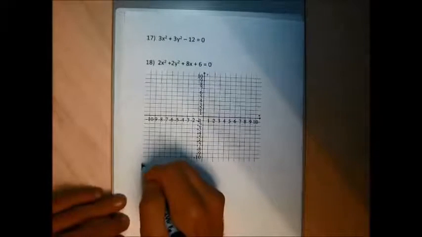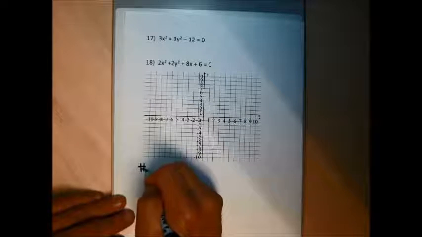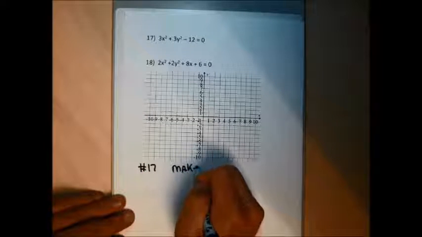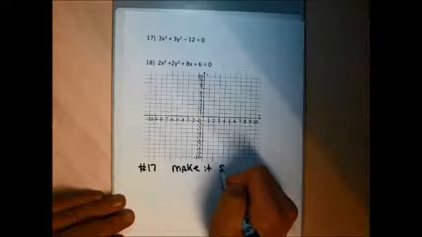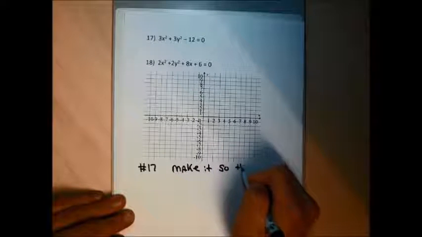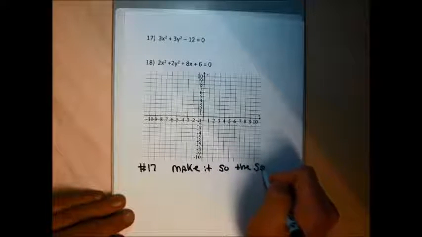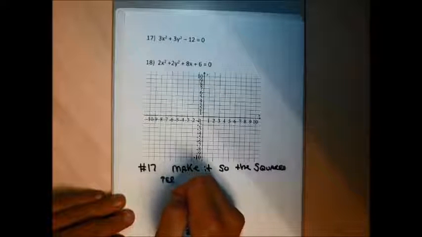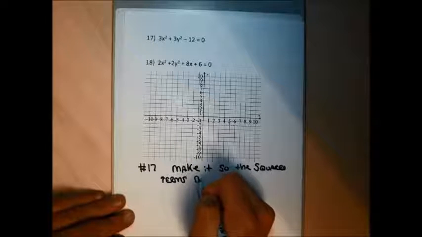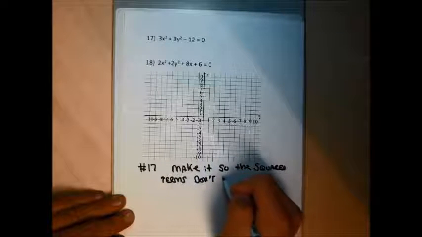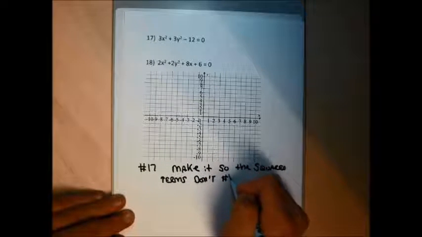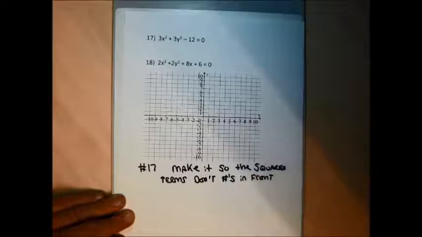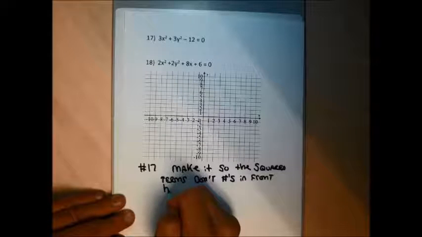So in number 17, which is the one I'm going to attempt to do, I'm going to make it so the square terms don't have coefficients, because you can't have those and get a graph of a circle.